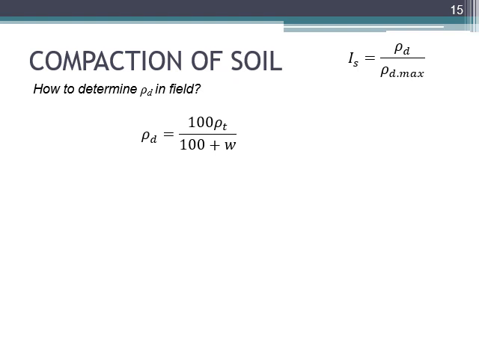Let's first start with the water content. You know how to determine the water content using laboratory equipment. You simply have to take a soil specimen, measure its mass, and put it into the oven and measure the mass after drying.